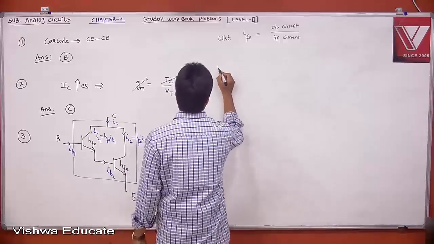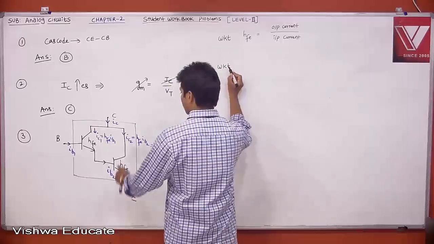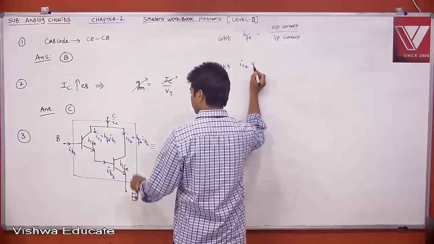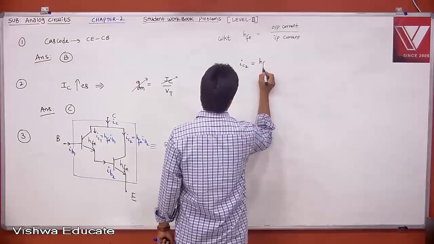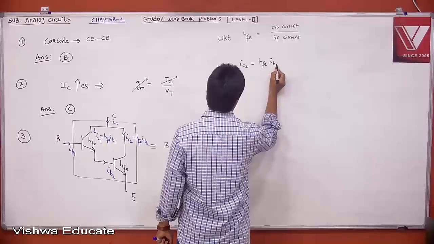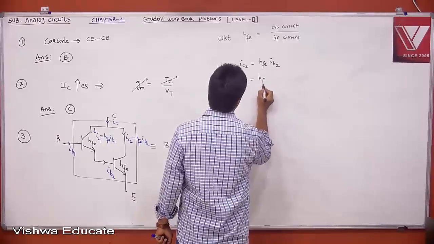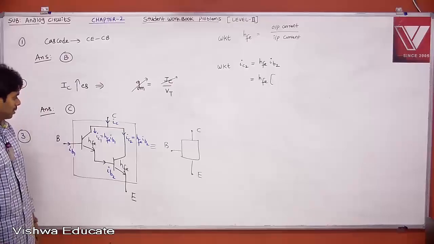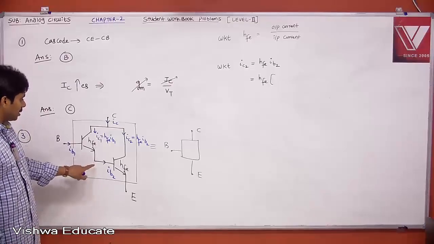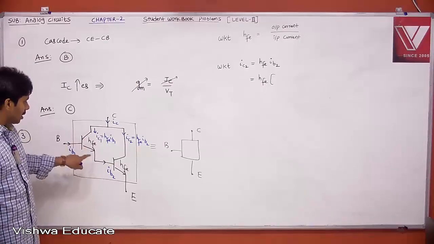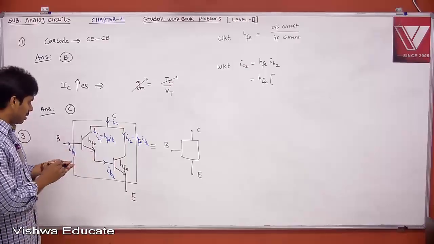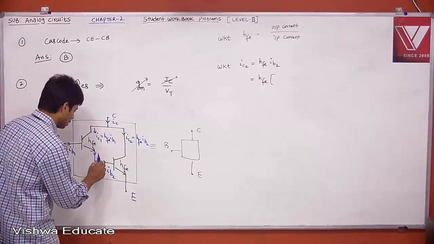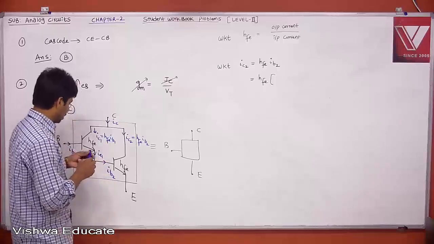We know from the circuit that IC2 is equal to HFE into IB2. What is IB2? Your IB2 is nothing but IE1. This is nothing but your IE1 with respect to this, right?